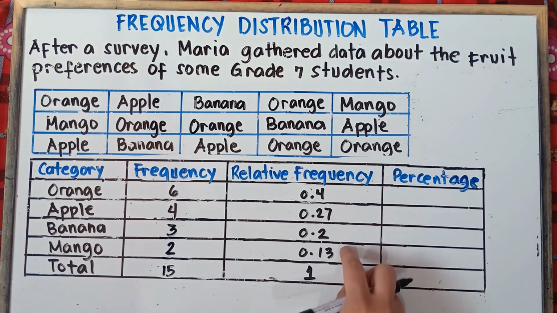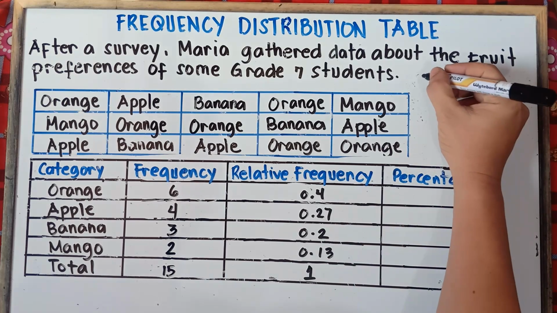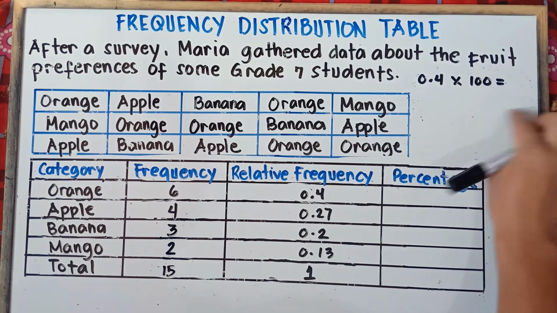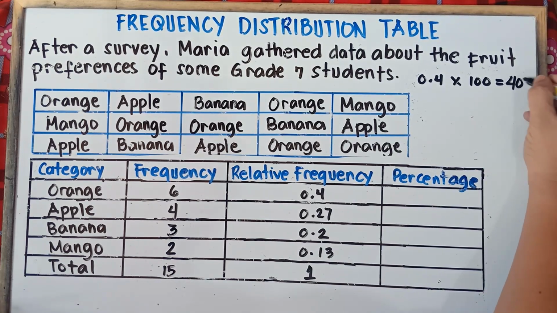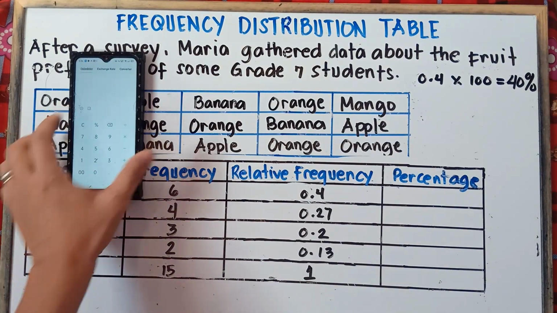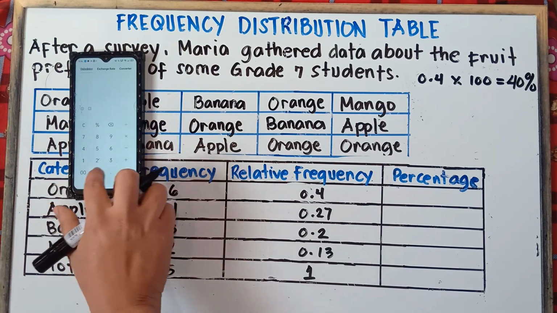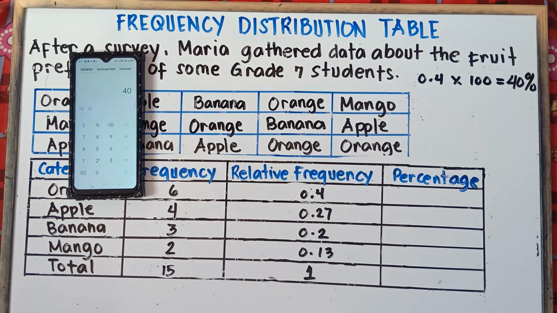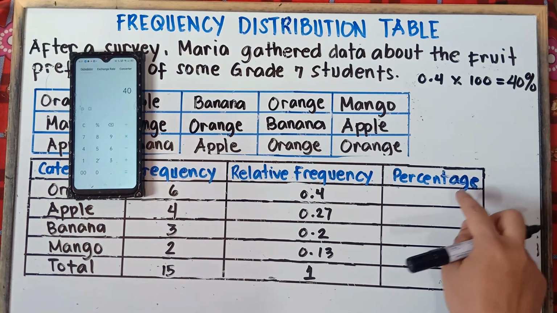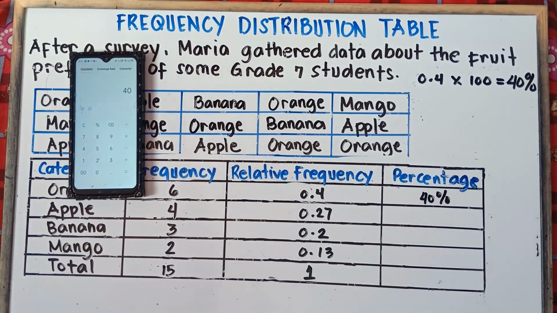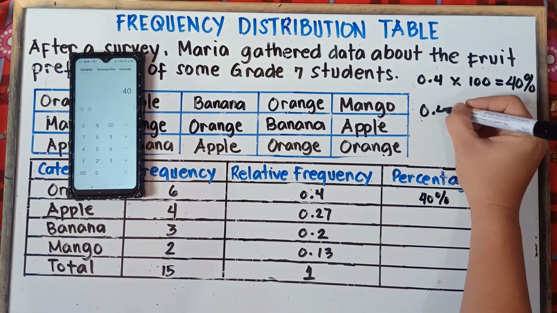All of these decimals, multiply by 100. So 0.4 times 100, and the answer is 40. So 40%. Or we can use our cell phone. 0.4 times 100, so the answer is 40, and then you put percent because this is a percentage. So 40%.